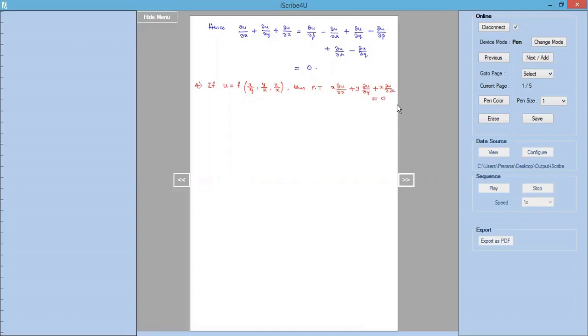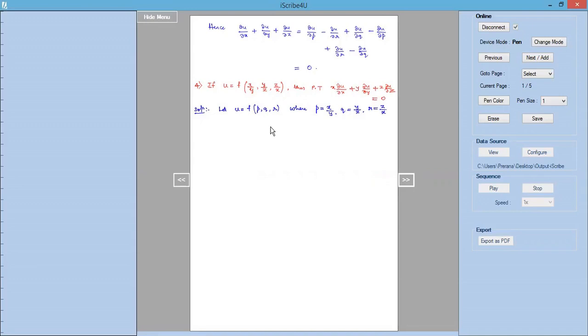So let us first assume u is equal to a function of p, q, r, where p is equal to x/y, q is equal to y/z, r is equal to z/x. It's actually a symmetric function.